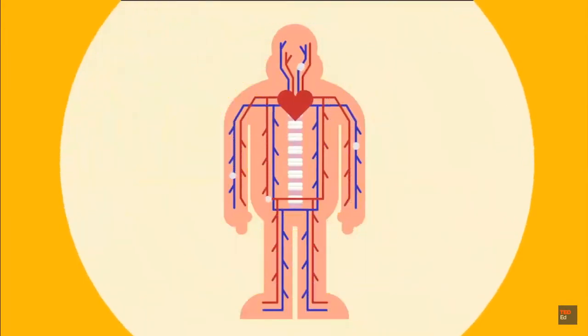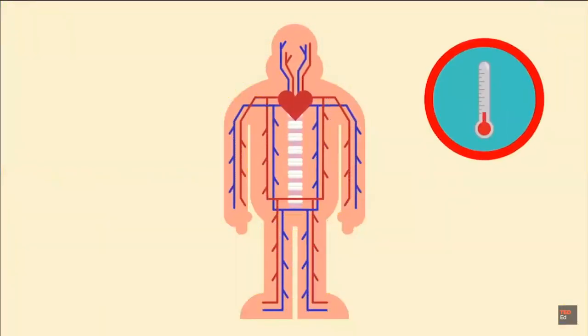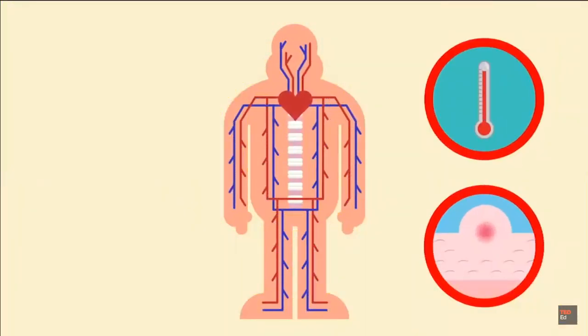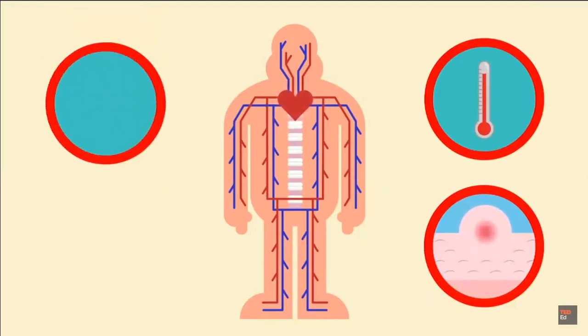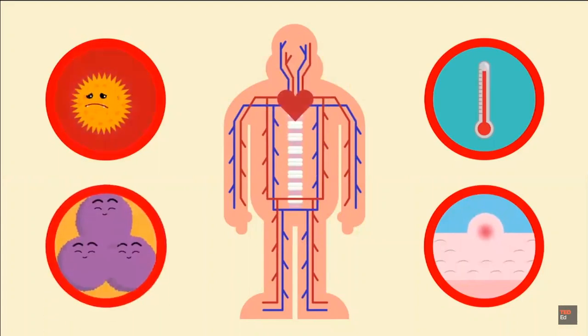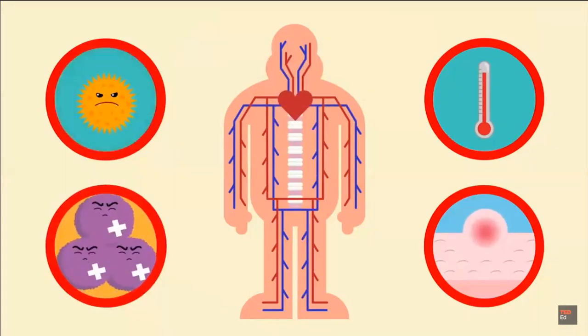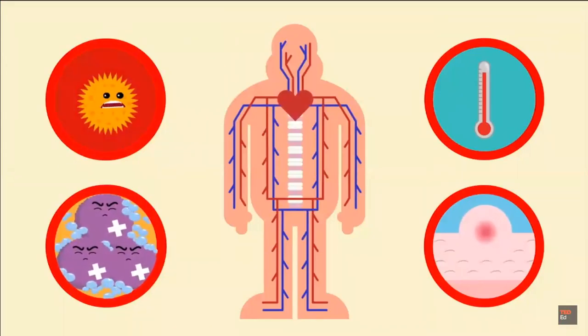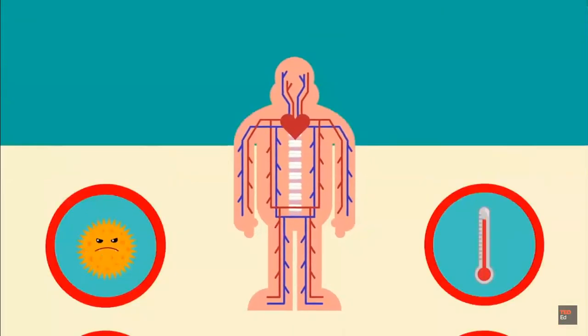While all of this is going on, familiar symptoms like high temperatures and swelling are actually processes designed to aid the immune response. A warmer body makes it harder for bacteria and viruses to reproduce and spread because they're temperature sensitive. And when body cells are damaged, they release chemicals that make fluid leak into the surrounding tissues, causing swelling. That also attracts phagocytes, which consume the invaders and the damaged cells.